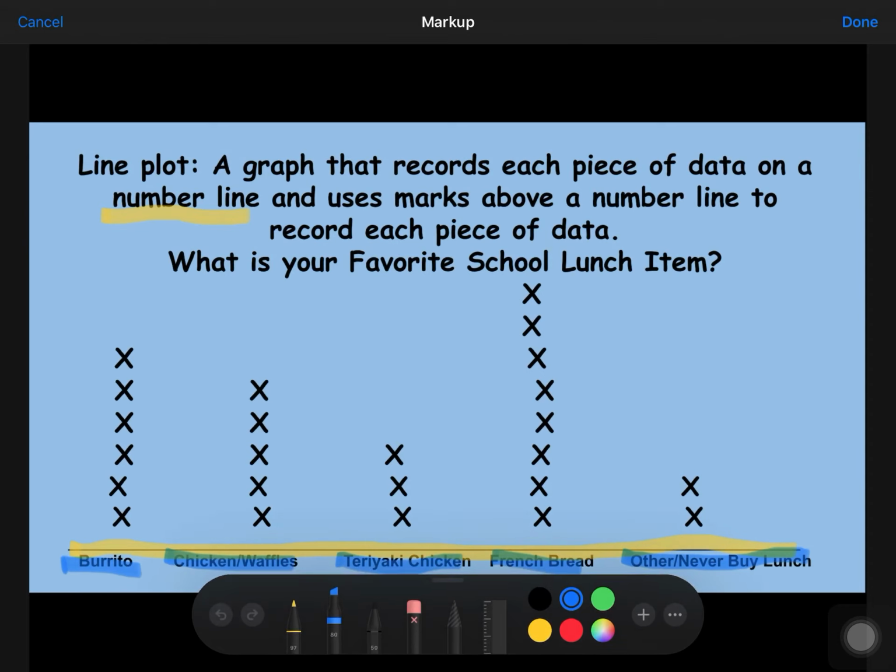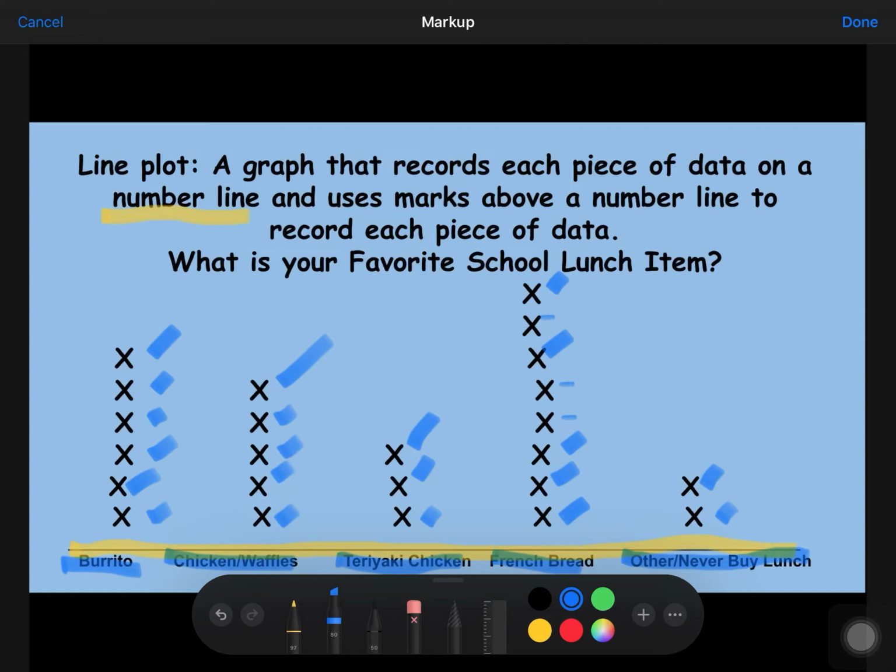How many people said that was their favorite? I have 1, 2, 3, 4, 5, 6. And chicken and waffles is 1, 2, 3, 4, 5. Teriyaki chicken, 1, 2, 3. French bread pepperoni is 1, 2, 3, 4, 5, 6, 7, 8. And 2 people said, I like something else, or I never buy lunch at school.